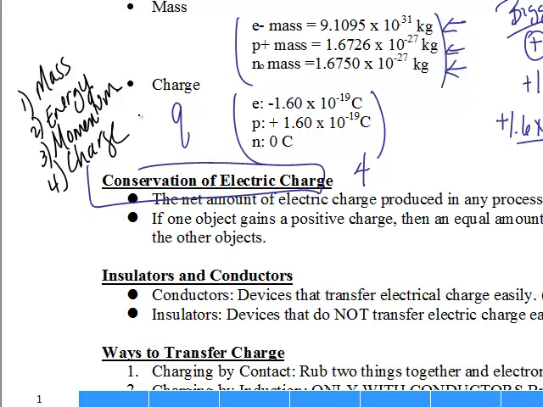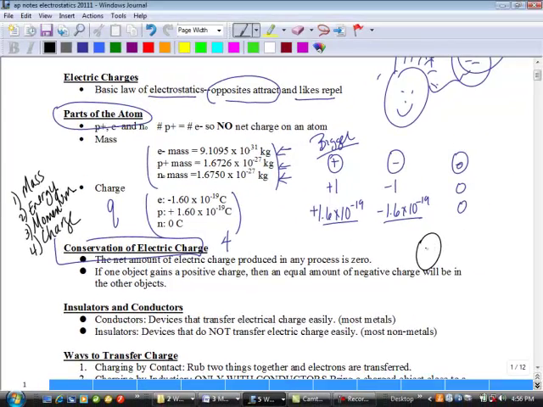Basically, if I have an object with protons, neutrons, and electrons, say 3 and 3, and these two objects come in contact, I start off with a total of 6 protons and 6 electrons.